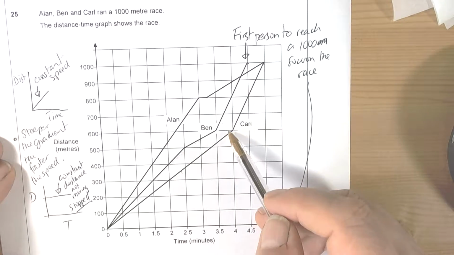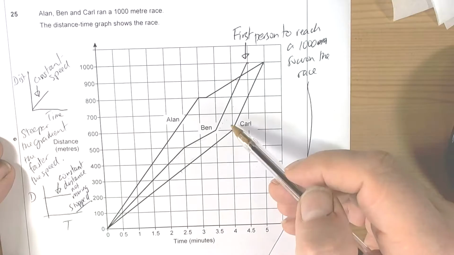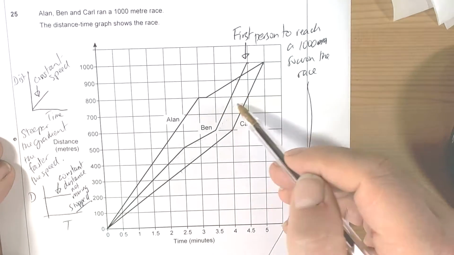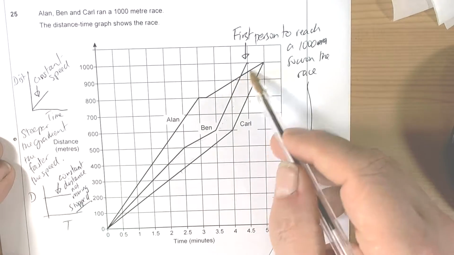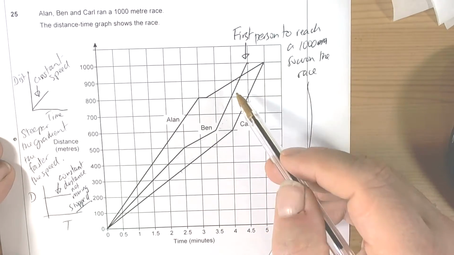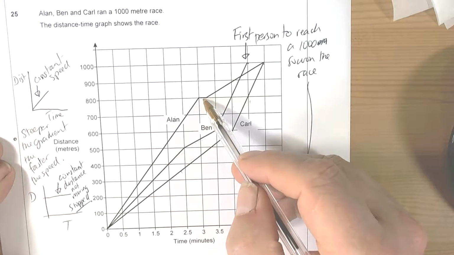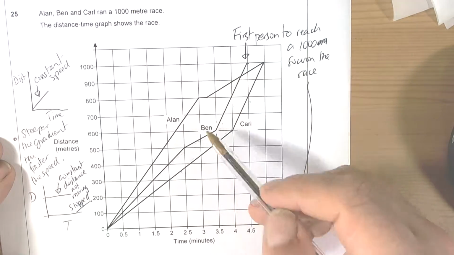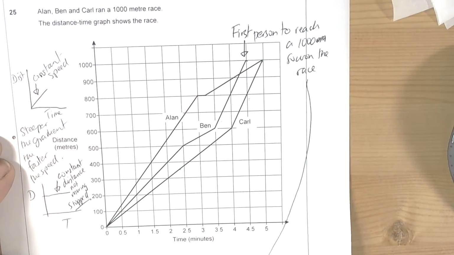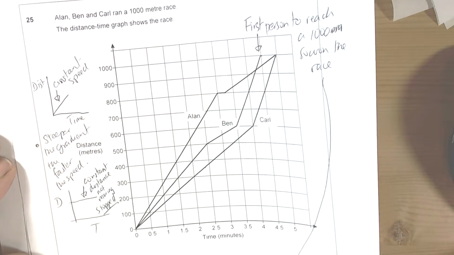So Carl ran the slowest at this stage, and then increased the speed, and at this stage both of these are running at the same speed, and Alan has slowed down. So lots of things happening here, and this bit here is showing that Alan actually stopped for a while before carrying on. So there's a variety of things we can do to interpret this question.